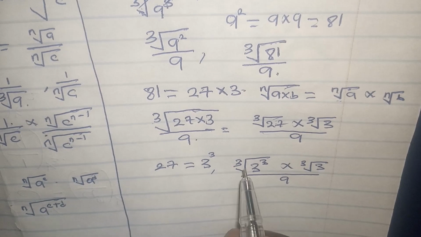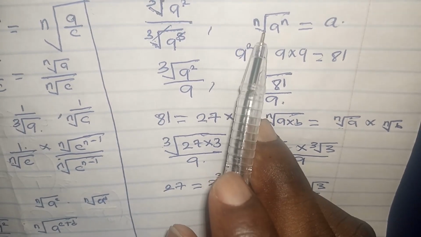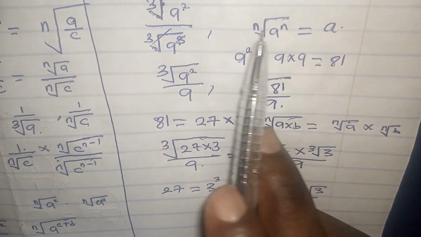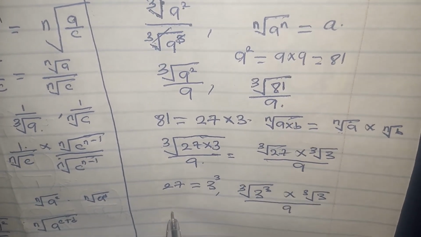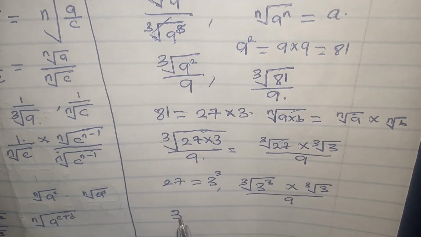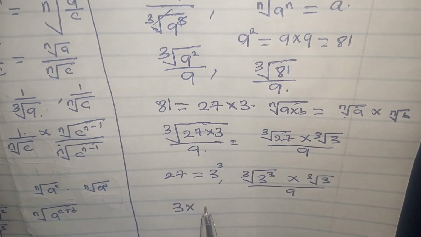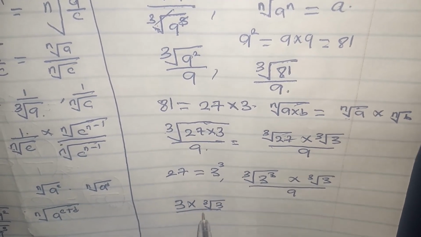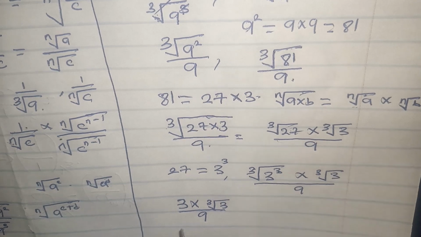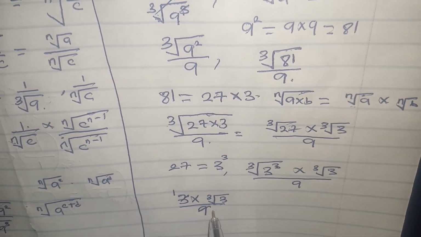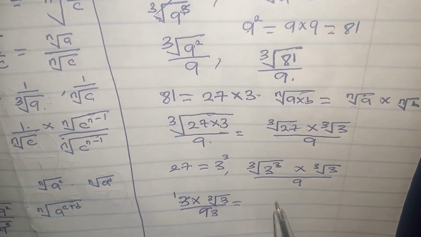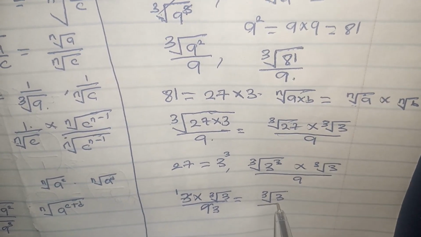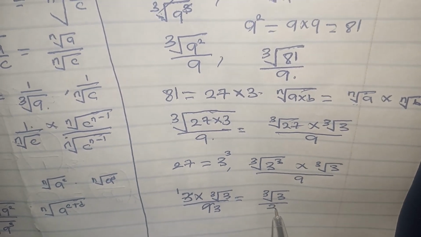So since this and this are the same, applying this rule again, which says the nth root of a to the power of n is also equals to a. So if we put this rule here, we're having this to be 3 times the cube root of 3 over 9. So from here we can say 3 here 1, 3 here we're having 3, so which is also equals to the cube root of 3 over 3.